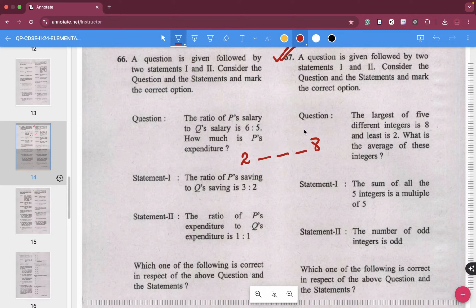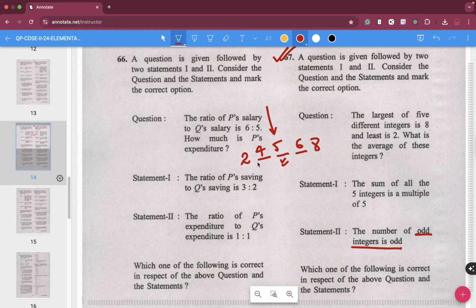What other numbers can you take? Can I take 4, 5, 6? Then they are saying the number of odd integers is odd. This is one of your odd integers over here.